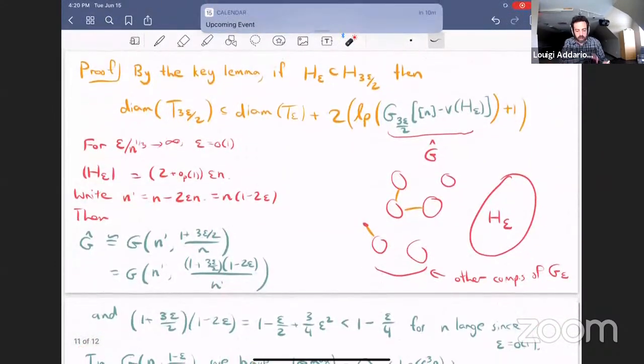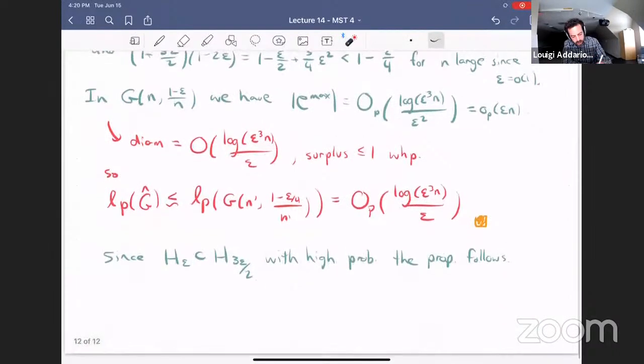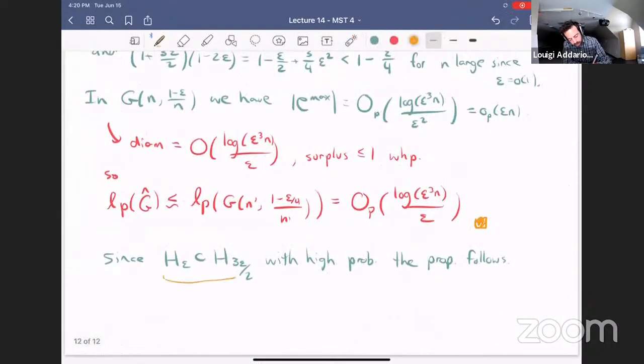Maybe just before I do that, let me mention that there's actually a stronger version of this fact known. Once this largest component emerges out of the critical window, its identity never changes.